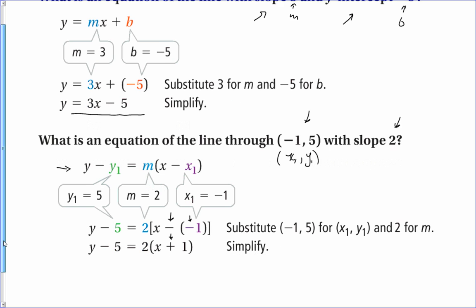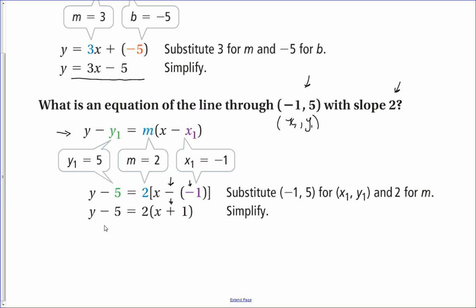Now, you can even simplify this a bit further. What you can do is distribute this 2 through the parentheses and have y minus 5 equals 2x plus 2. And then you can add the 5 to both sides. So you can have y equals 2x plus 7.